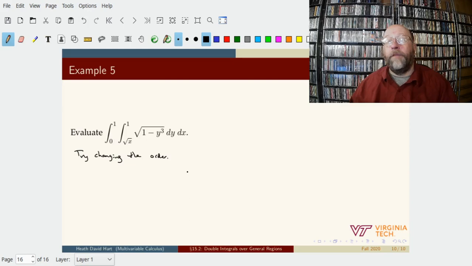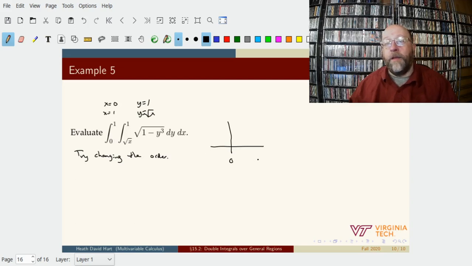Let's see if this works. So let's sketch this region here. My boundaries are y equals 1, y equals square root of x, x equals 0, and x equals 1.